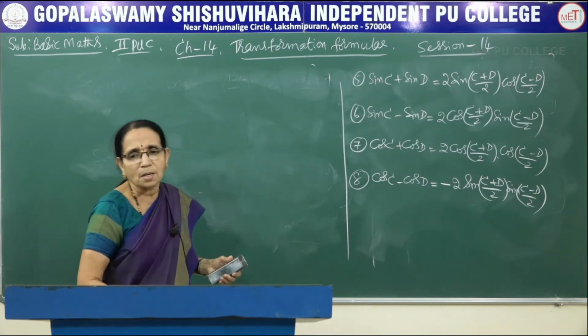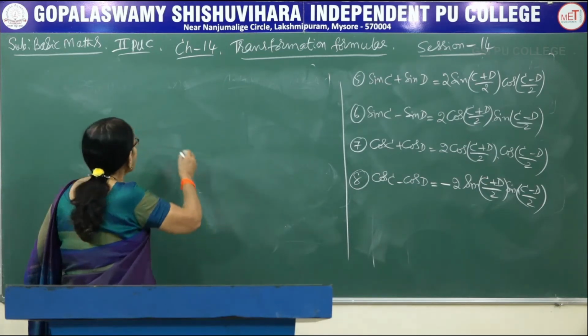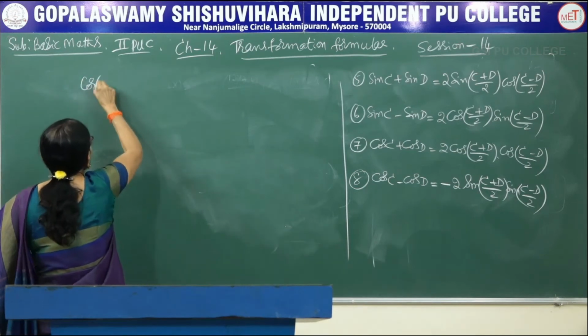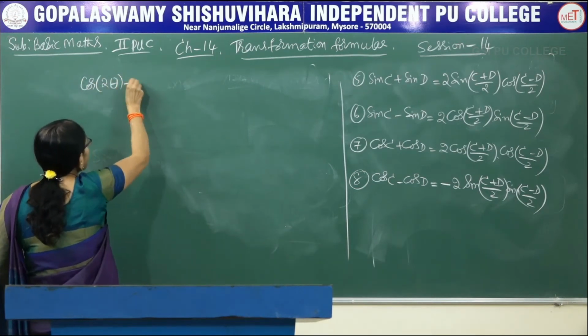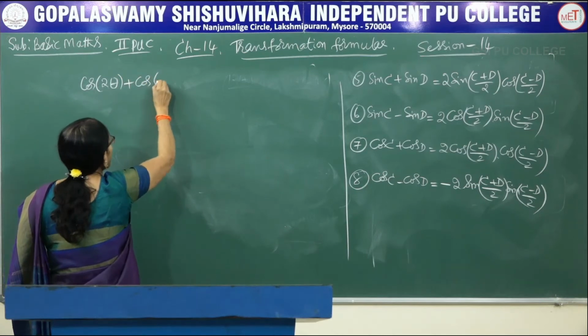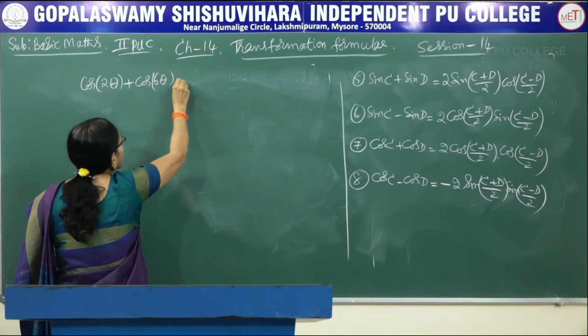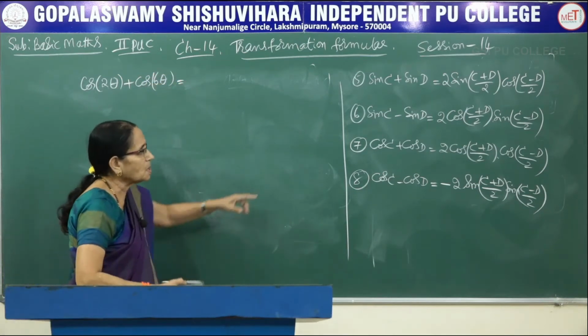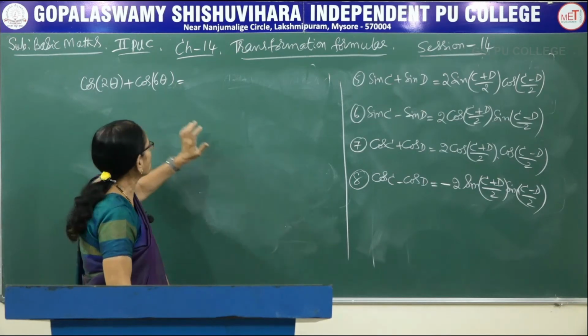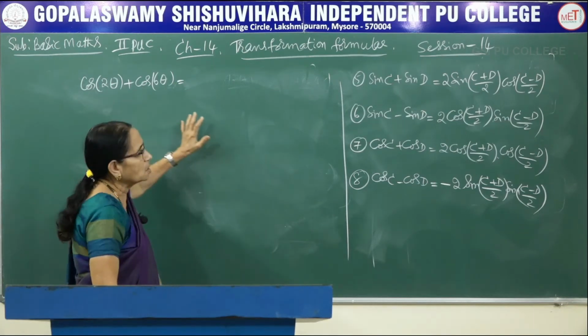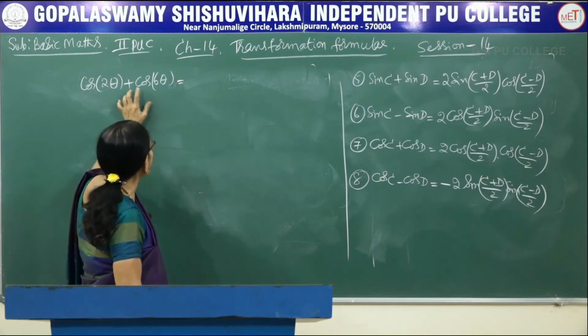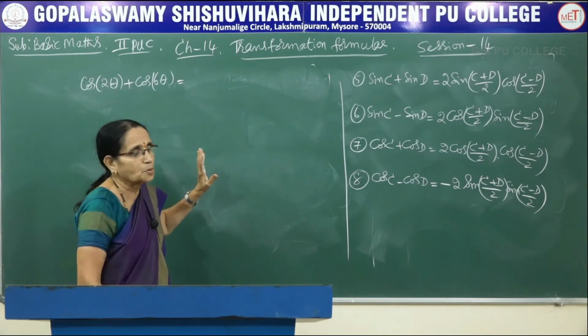Now let me take another problem where it would be in terms of cos theta. So cos of 2 theta plus cos of 6 theta. So which formula does it resemble? The 7th formula. In the place of C it is 2 theta, in the place of D it is 6 theta. In between we are having a positive sign.